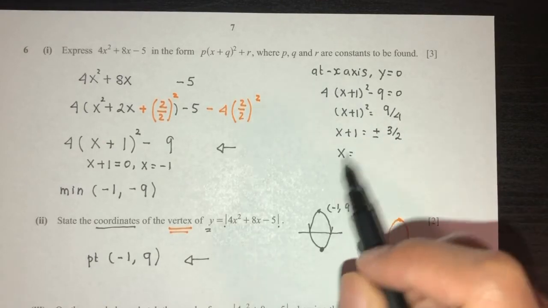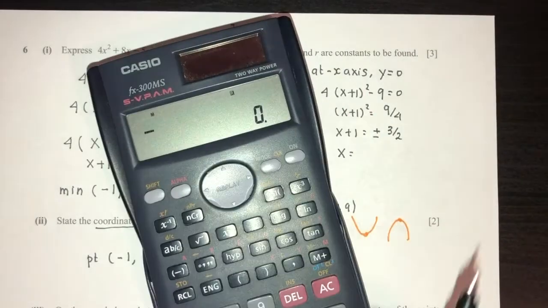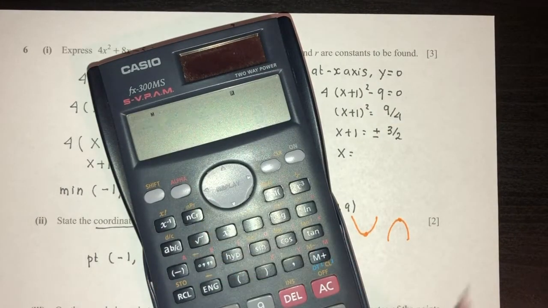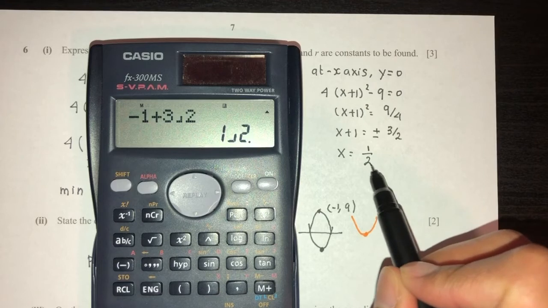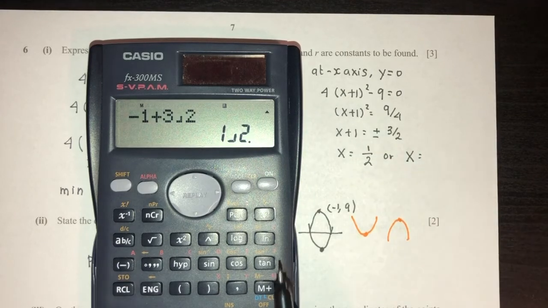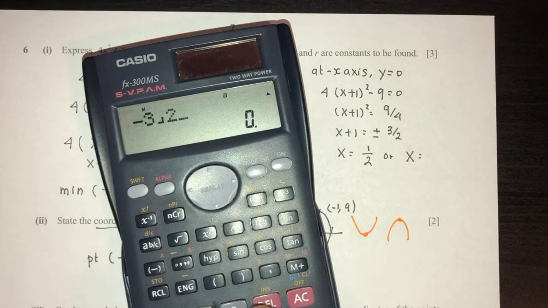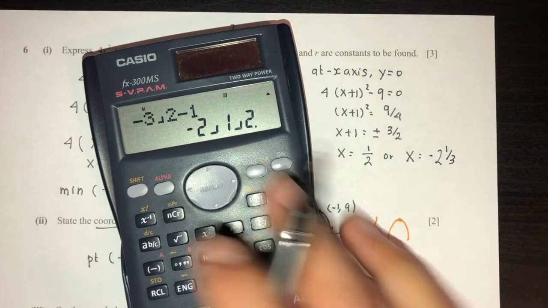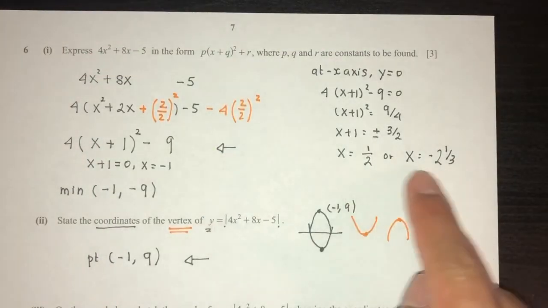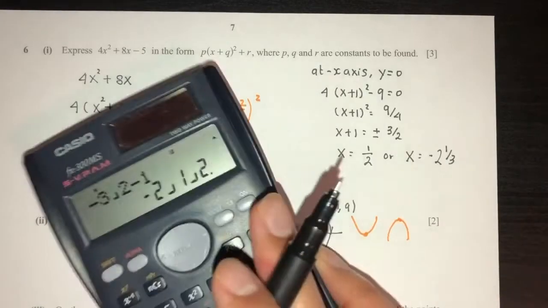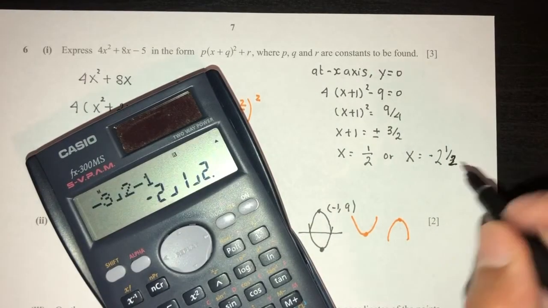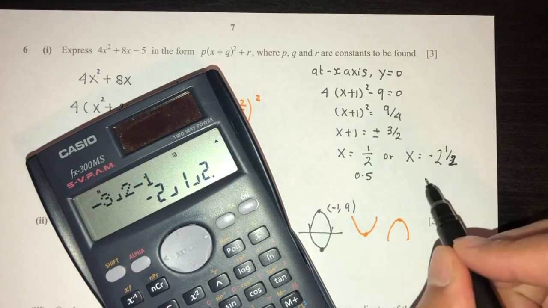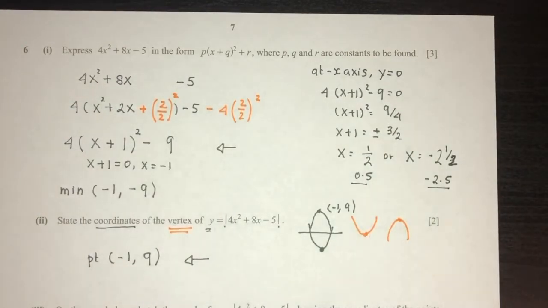So x plus 1 has to be plus minus 3 over 2. X will be, so minus 1 plus 3 over 2 is half, or it can be minus 3 over 2 minus 1, this value. So basically on the x-axis we'll have these 2 points where it will cut, this is 2, sorry. So basically 0.5 and minus 2.5. So let's first mark those points on our graph.